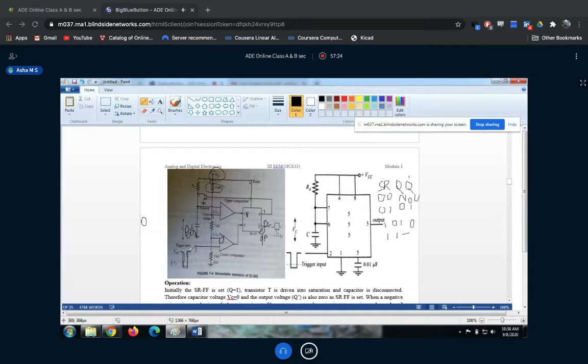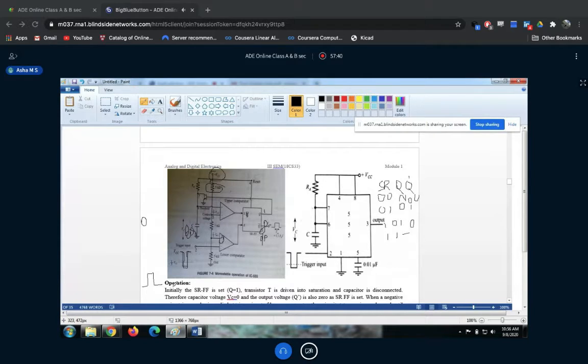It momentarily changes its state. That is what a trigger means. What is this? This is a positive going trigger: it starts from 0, reaches VCC, and comes back to 0.